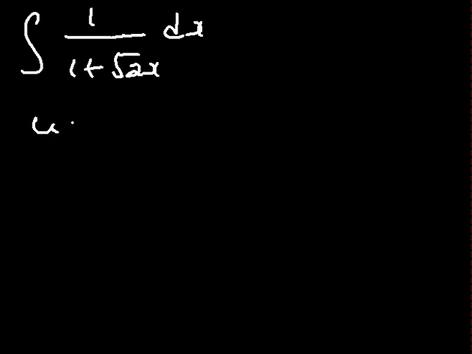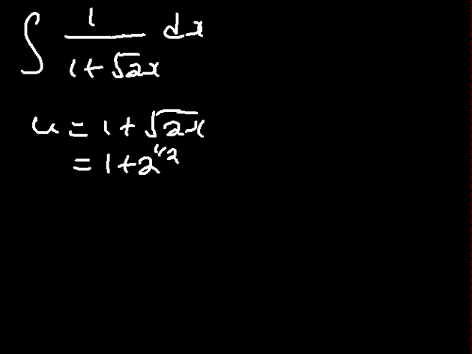So now we'll have our u being given as 1 plus the square root of 2x, which is the same as 1 plus 2 to the power half and x to the power half, so that is the same as that. So what is du in this case?